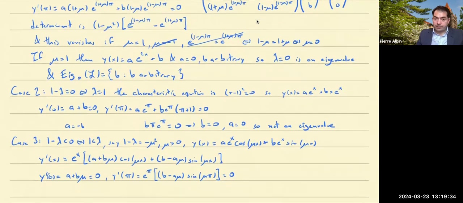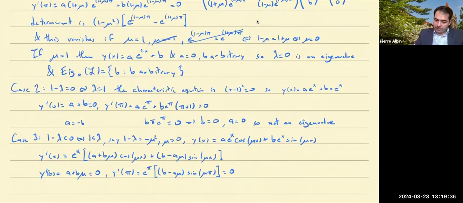This tells us that a is equal to minus b mu, and if we substitute that here, we end up with e to the pi times b times 1 plus mu squared times sine of mu pi.